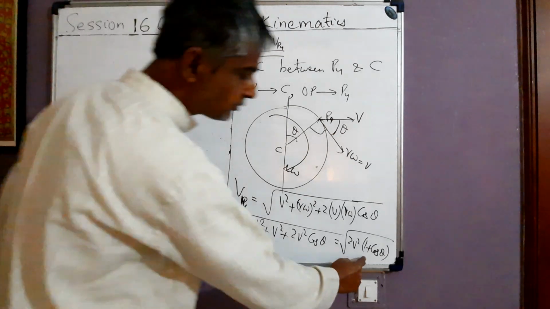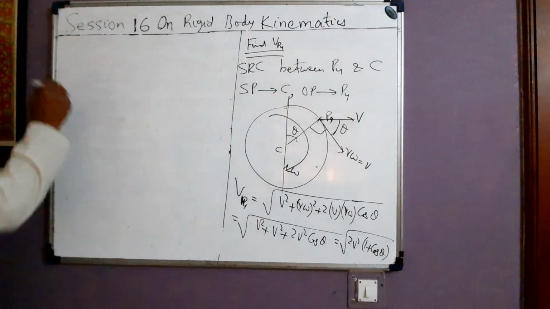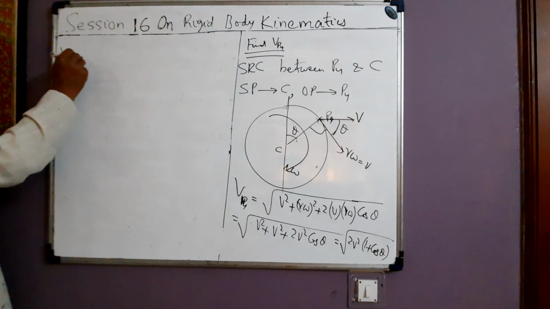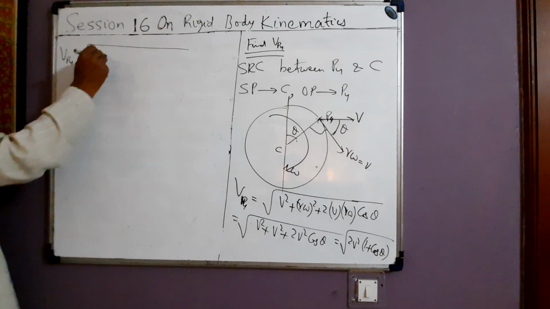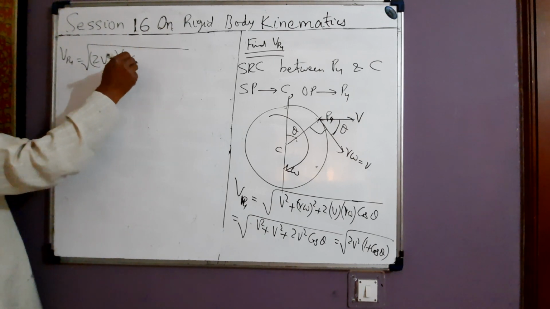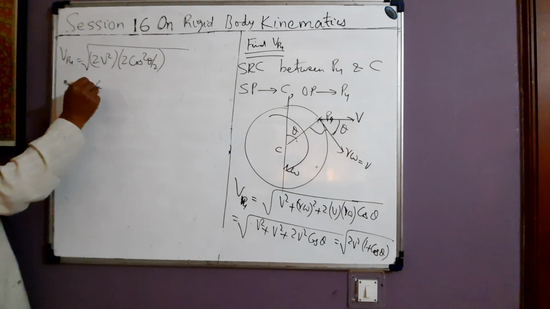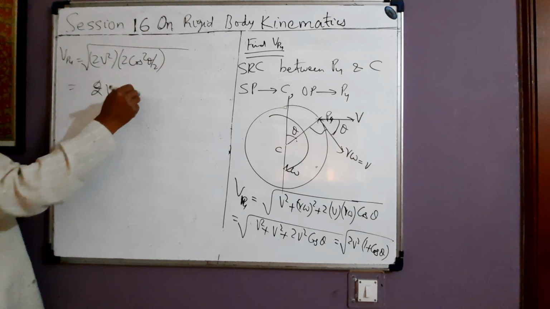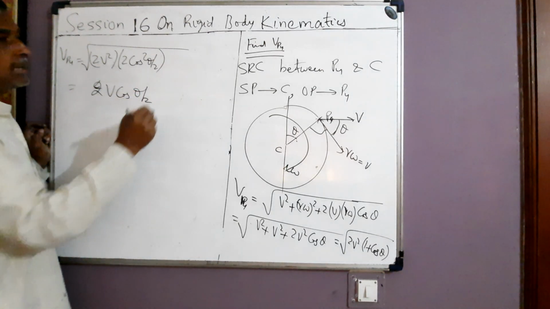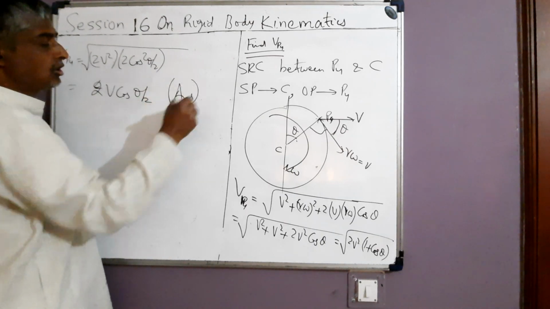Now 1 plus cos theta is 2 cos square theta by 2. So Vp4 is equal to root under 2V square into 2 cos square theta by 2. On simplifying, it becomes 2V cos of theta by 2. This is the answer to the velocity of P4.